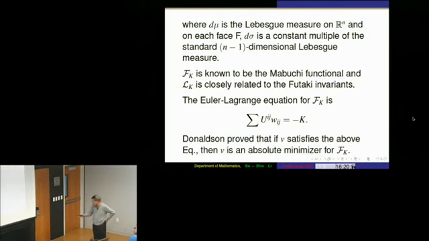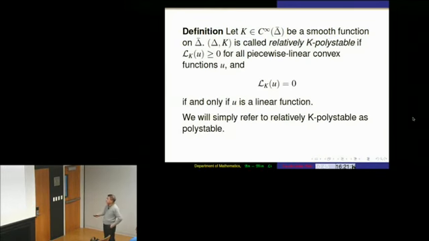Donaldson proved that if v satisfies the above equation, then v is an absolute minimizer for F_K. This is an important property. We give a definition called K-polystable. Suppose K is a smooth function.